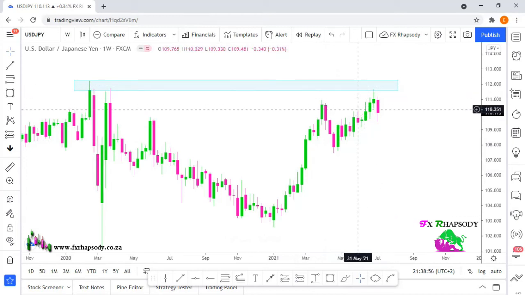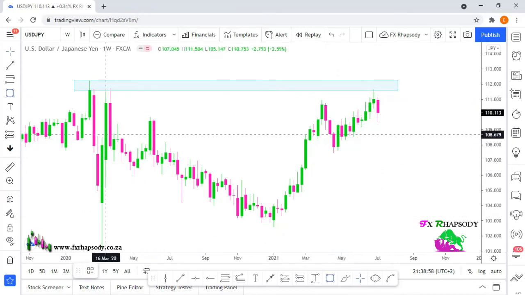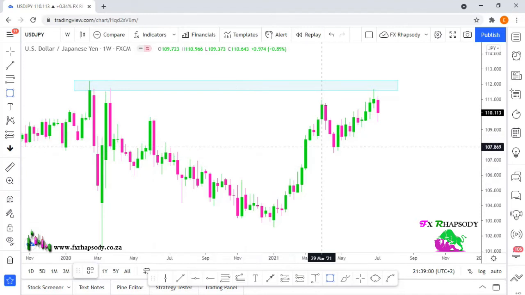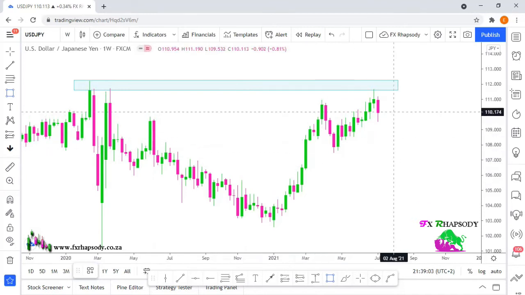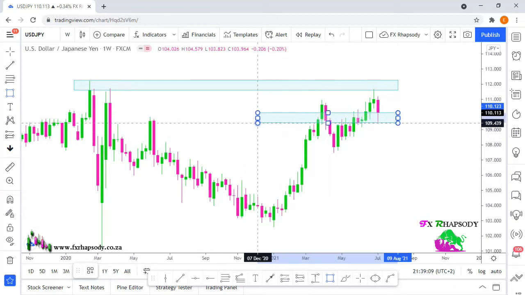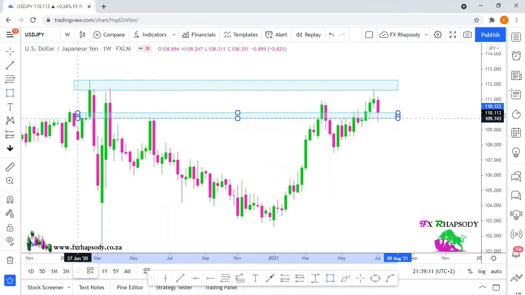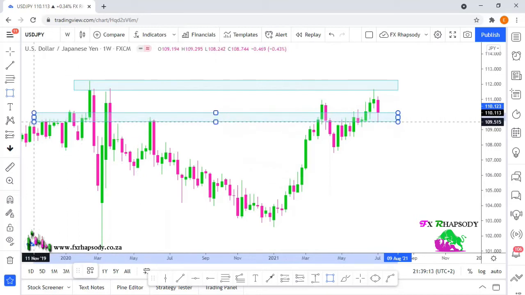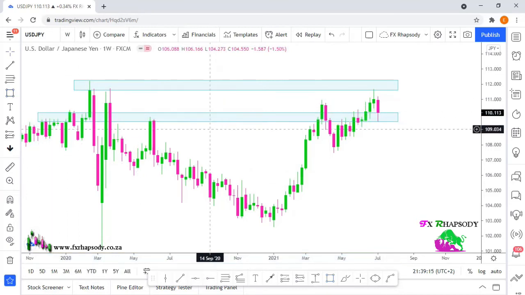What we can also see is that there is a nice area of support, this draws from here. We can actually carry on with this one all the way to the left, and you can see how this is lining up very nicely.